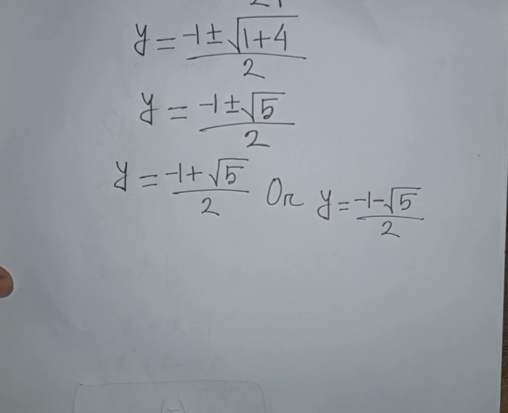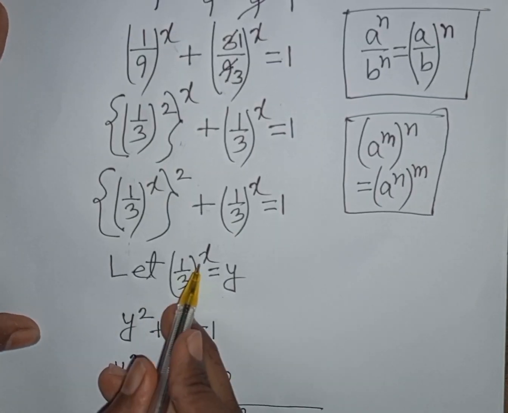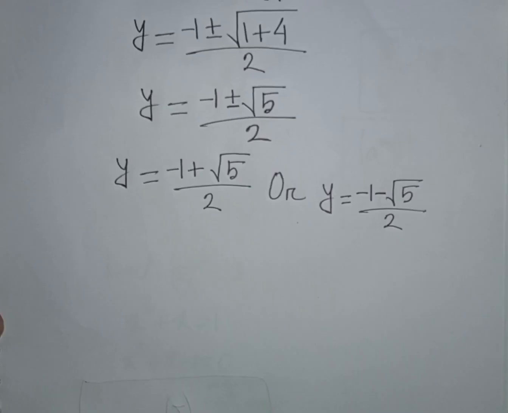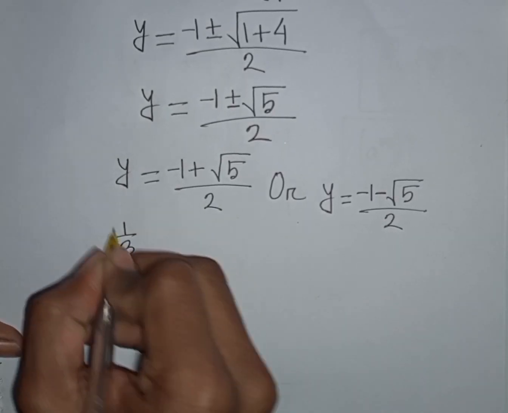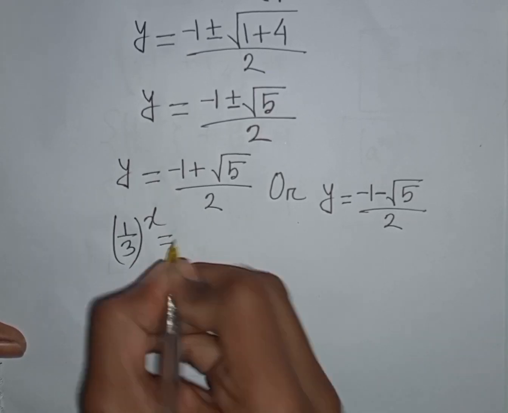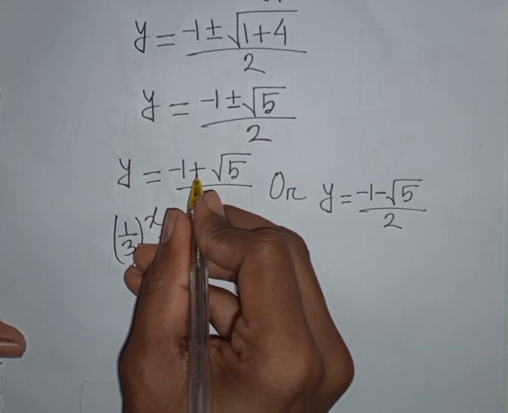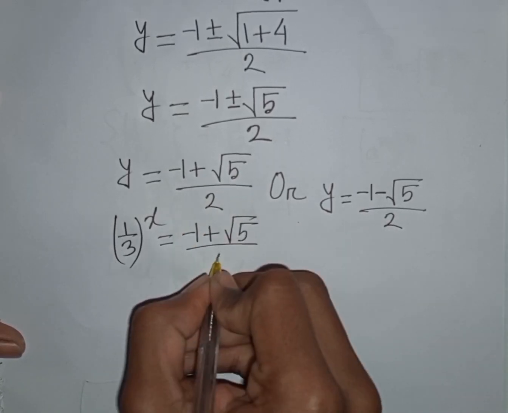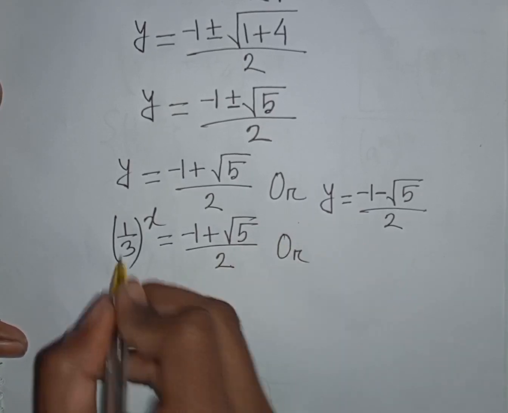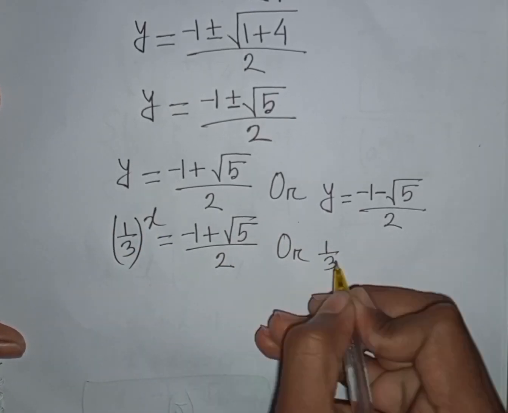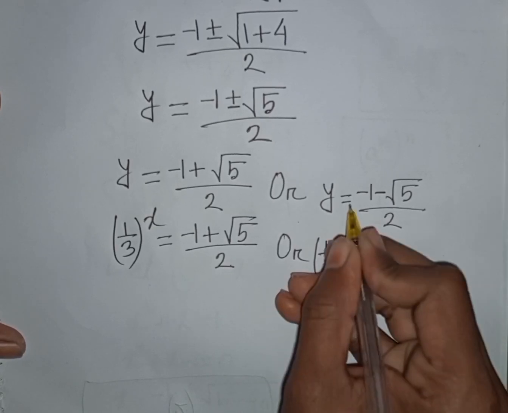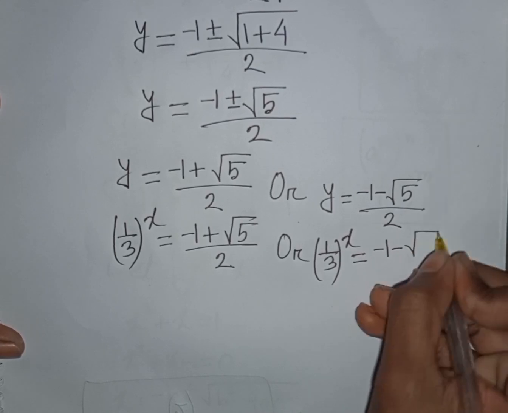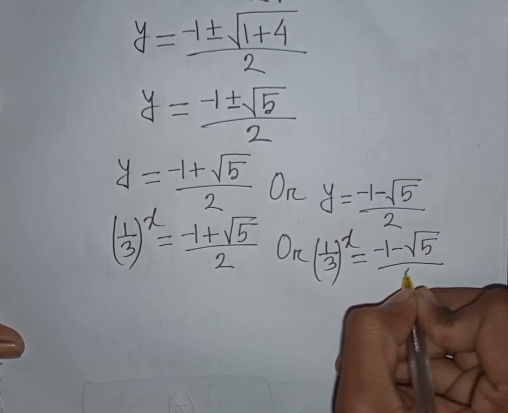Now remember that we let (1 by 3)^x be substituted by y. So y, that means (1 by 3)^x, is equal to (minus 1 plus square root of 5) divided by 2, or (1 by 3)^x is equal to (minus 1 minus square root of 5) divided by 2.